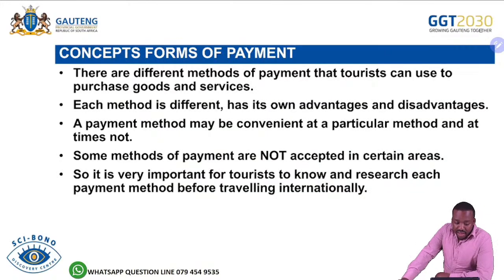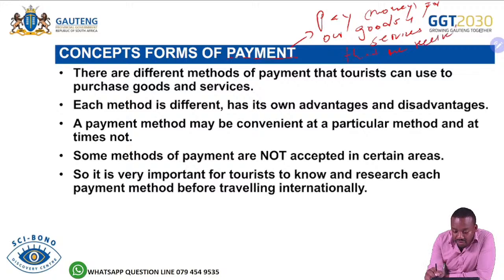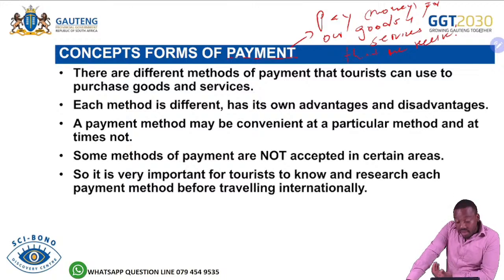We are now saying that we first need to understand what we mean by forms of payment. In the tourism context, we need to pay money for the goods and services that we receive, or if you need to buy souvenirs.